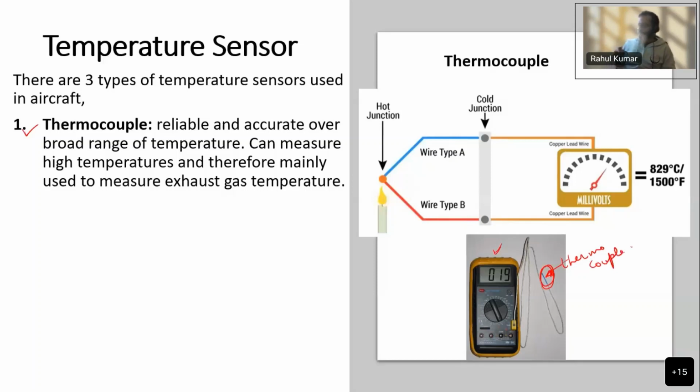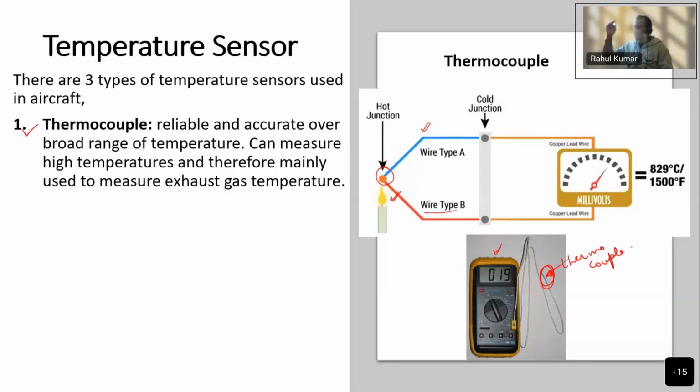This sensor includes two copper wires, and the ends of the copper wires are soldered together, joined together. When this end is heated, the heat will flow through one of the wires, and the other wire will be at room temperature, or cold.